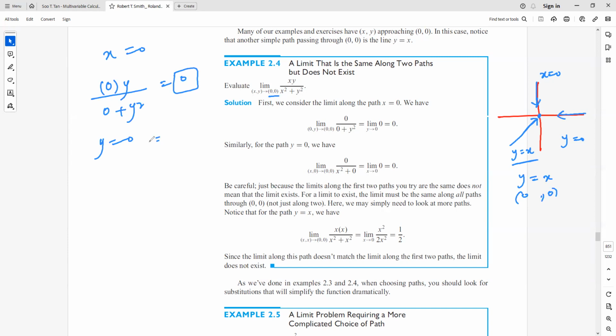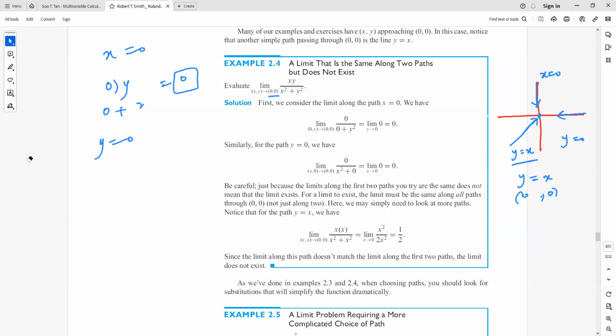We have infinitely many paths, and it's not possible to check them all. But if you can show from 2 or 3 paths that the limits are not equal, then we can say that the limit does not exist.